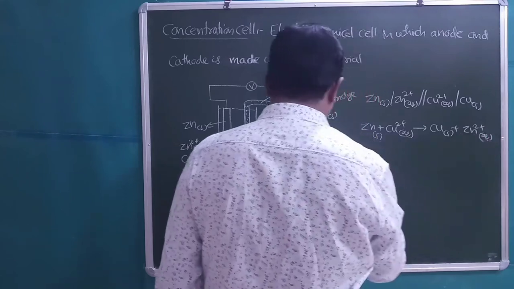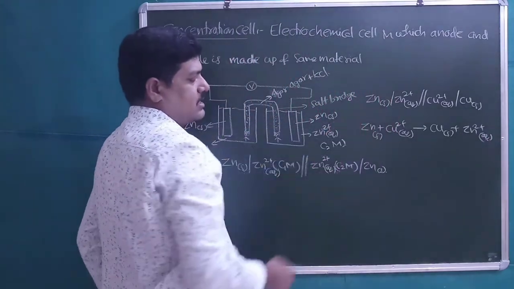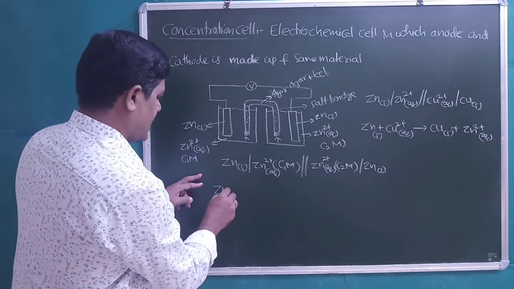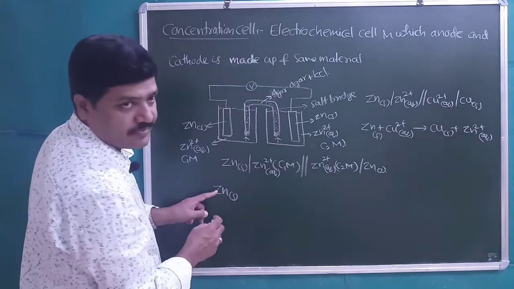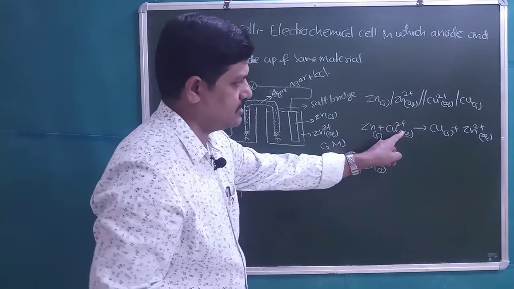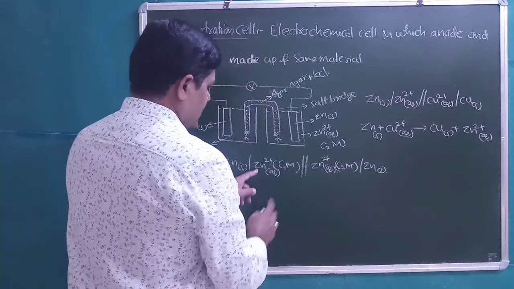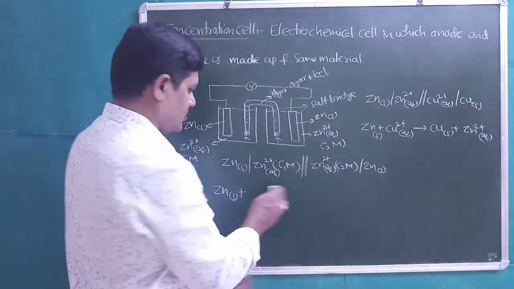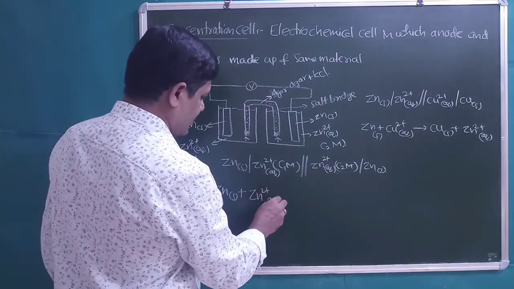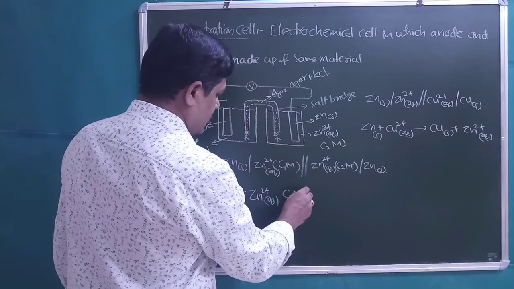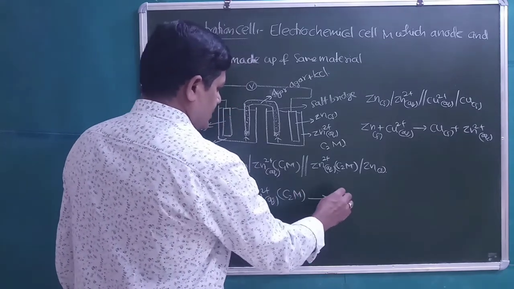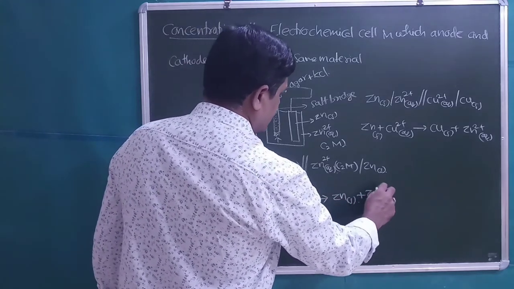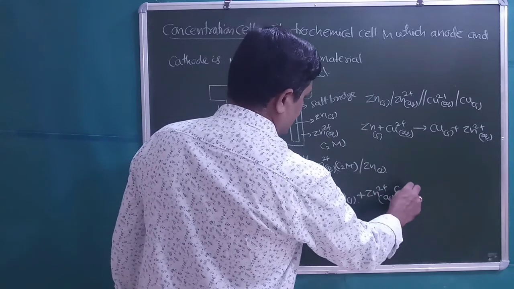Let us compare this cell notation with the Daniell cell notation and convert this into equation form. Zn solid, the anode electrode, we write first, then the cathode electrolyte; Cu2+ aqueous is the cathode electrolyte. Here the cathode electrolyte is Zn2+ aqueous but the concentration is C2 molar. This gives rise to Zn solid plus Zn2+ aqueous, C1 molar.